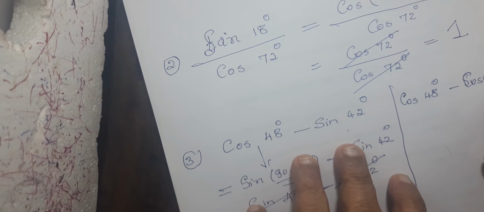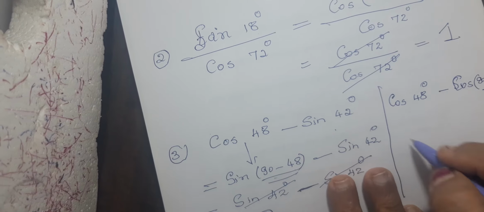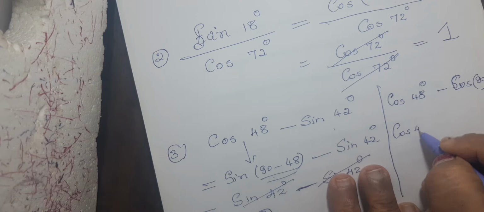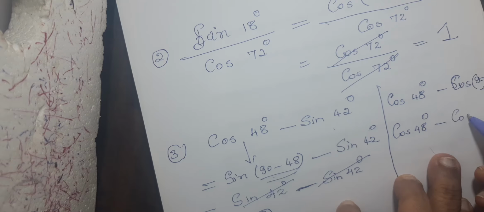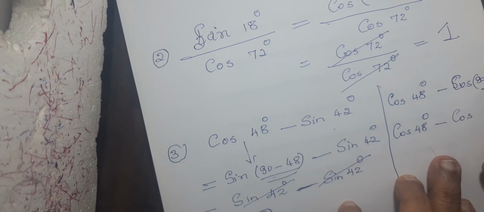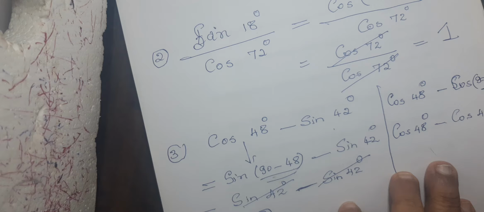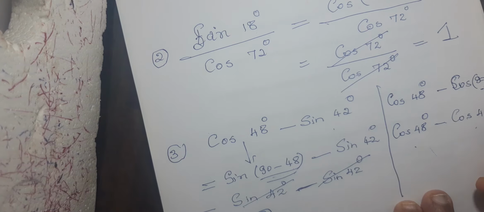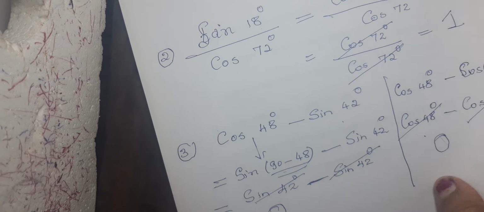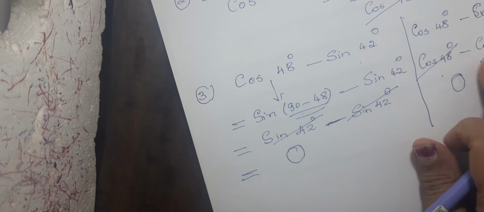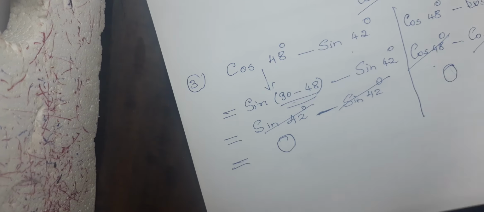Cos 48 will remain as it is, minus cos of 90 minus 42, that is 48 degrees only. Now cos 48 minus cos 48 will cancel and come 0. So either in this way or this way, any one you have to change, I told you.